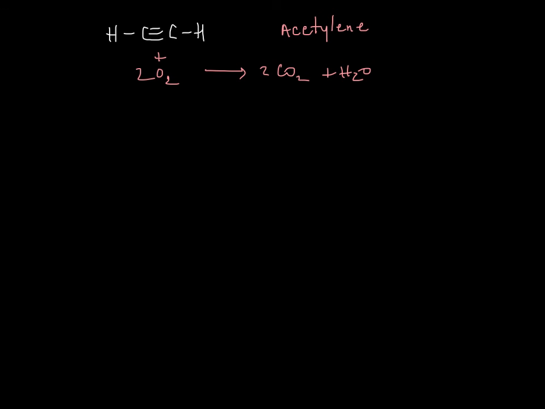Well, we could balance this. It would have to be 2.5 oxygens for every 1 acetylene. That looks correct. But the point is, you don't ever have to count up how much oxygen you're burning with. You just have a torch with acetylene, you light it, and the great thing about this reaction is that it burns at about 2,800 degrees Celsius.